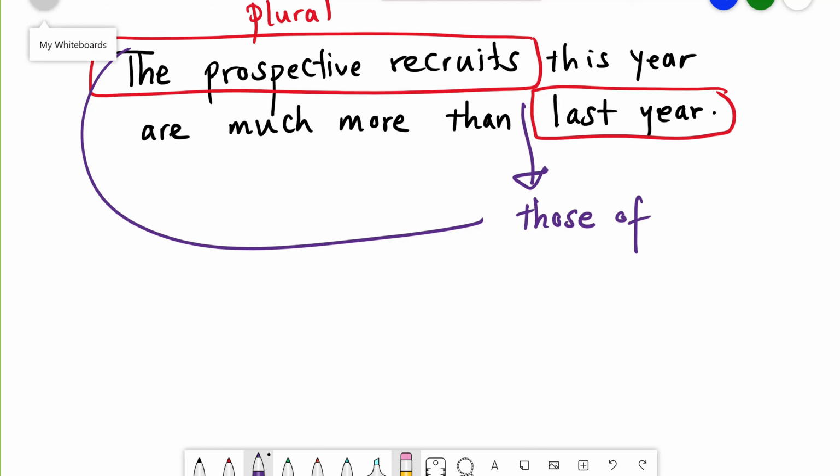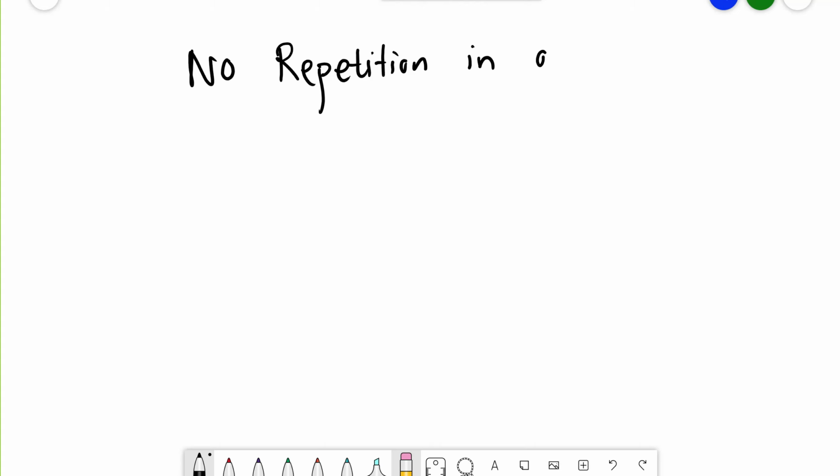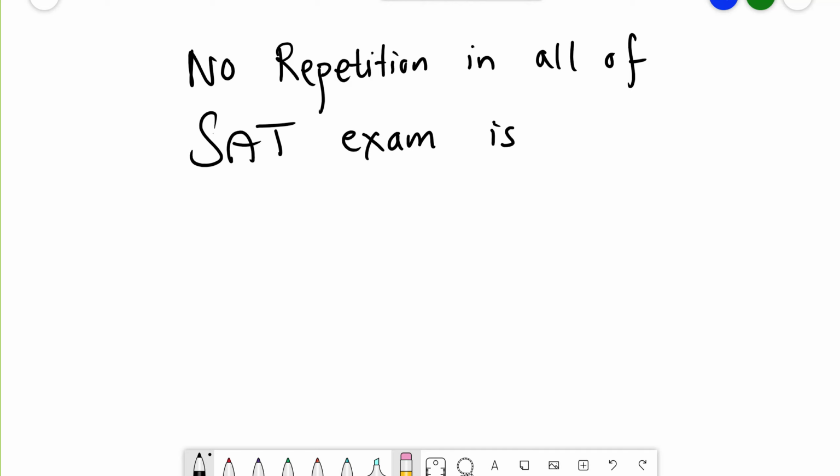Fair enough. Last thing that you're going to see in the quiz, I'm sorry, is you remember this one, of course. No repetition in all of the SAT exam is recommended. So try to avoid what? Try to avoid repetition.